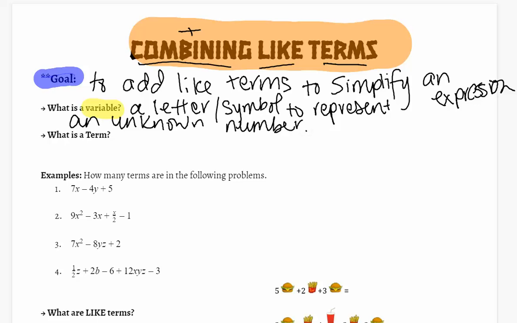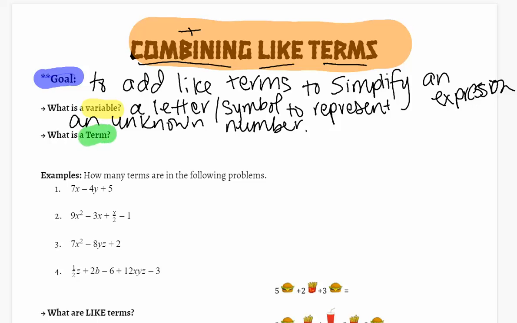So I can use the letter X, I could use a smiley face, I could use the letter S, I could use any letter or any symbol that I wanted to. Famously, we always like to use the letter X because it's the easiest letter to write, even though I know that can be confusing because sometimes that looks like the multiplication symbol, which is why we just don't use that symbol for multiplication anymore.